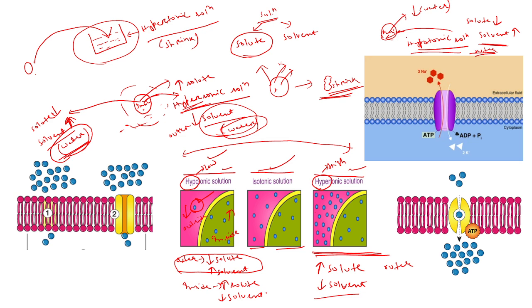After so many water molecules are transferred, the cell will burst. If many water molecules are transported inside the cell, it will burst. So if the cell is placed in the hypertonic solution, the cell will shrink.